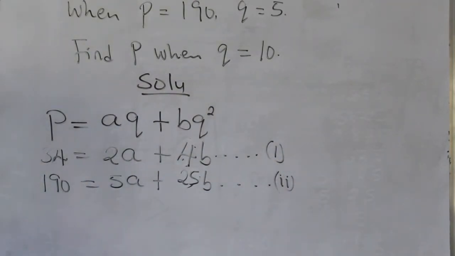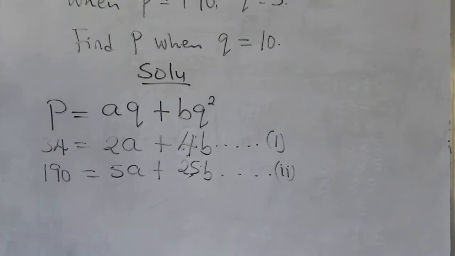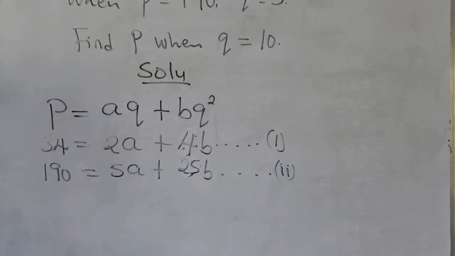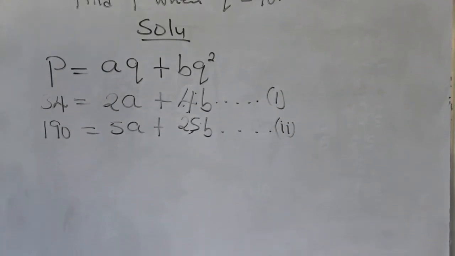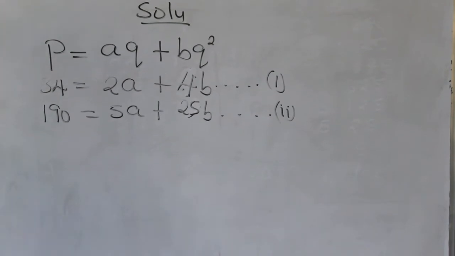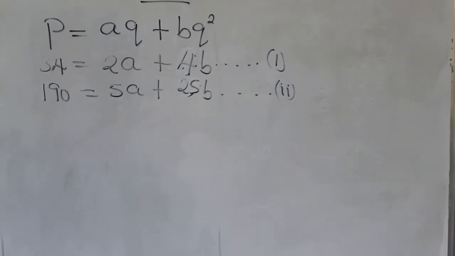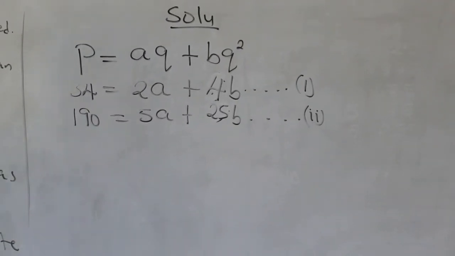So we have a simultaneous equation. So as I was saying, you can use the substitution method, you can use the elimination method. Whichever one is okay, as far as it's not specified. So let's use the substitution method here to get our constants a and b.